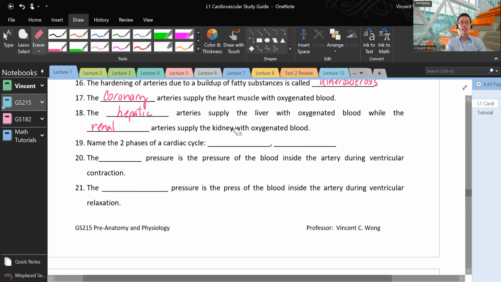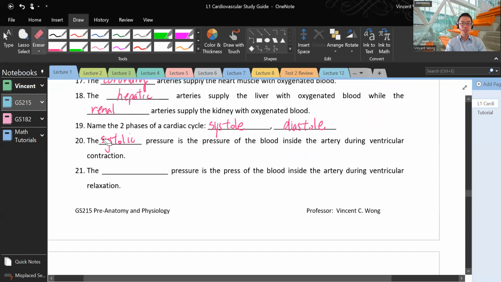Two phases of cardiac cycle. We have the systole, and then we have the diastole. Systole is contraction. Diastole is relaxation. And if you measure the pressure during systole, we call it the systolic pressure, the 120 mmHg that you will find in most textbooks.